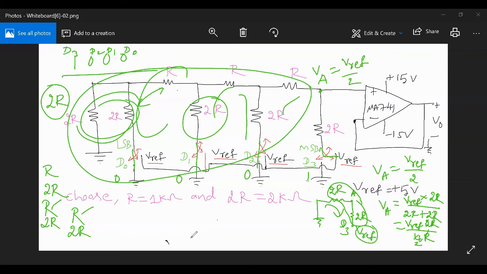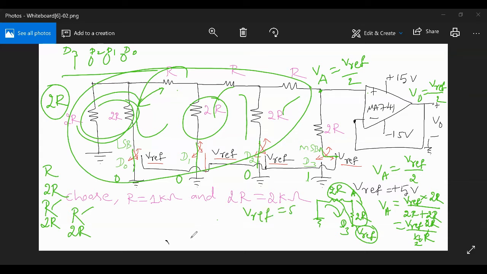So the voltage at node A is V reference by 2. This is the voltage connected to the non-inverting input terminal of the op-amp, which is configured as a voltage follower. Therefore, what is V0 now? V0 is also equal to V reference by 2. Let us take V reference equal to 5 volts.